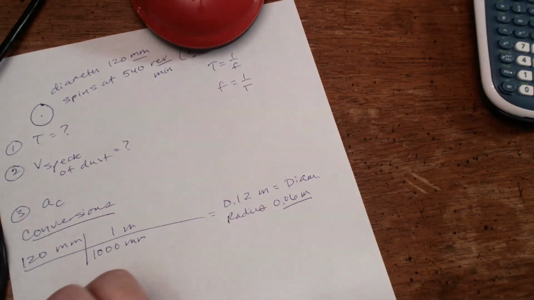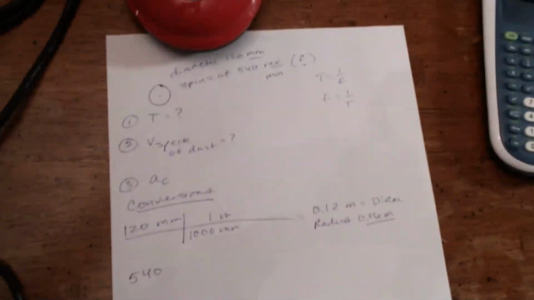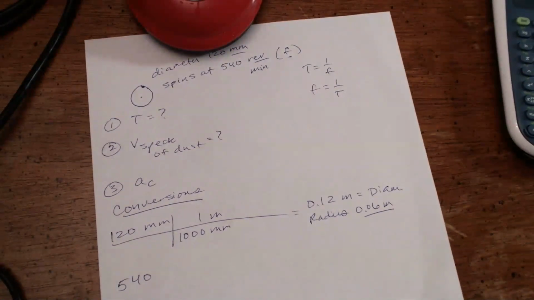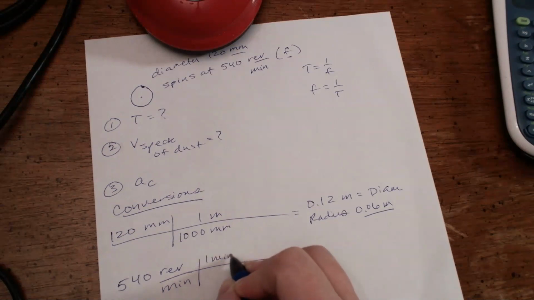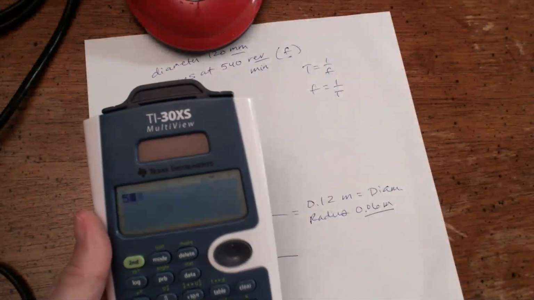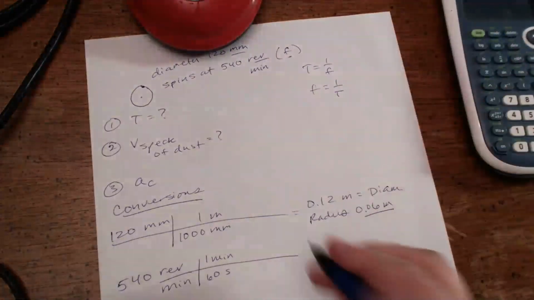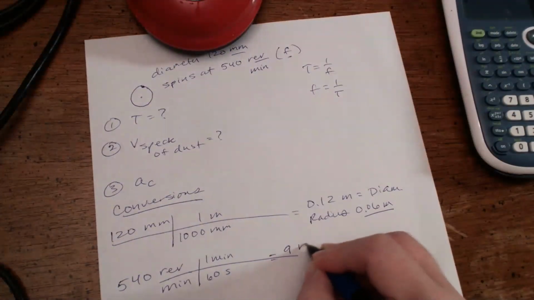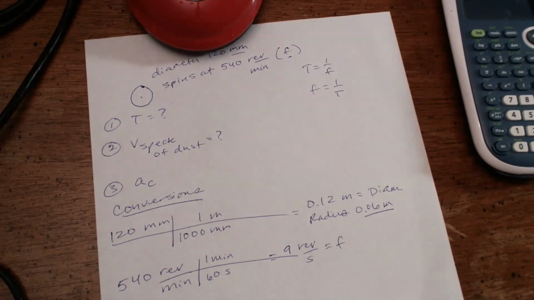So we're going to have 540 revolutions per minute. We know that in 1 minute we have 60 seconds. So we're going to divide 540 by 60. That gives me 9. So I have 9 revolutions per second. That is my frequency. Okay.